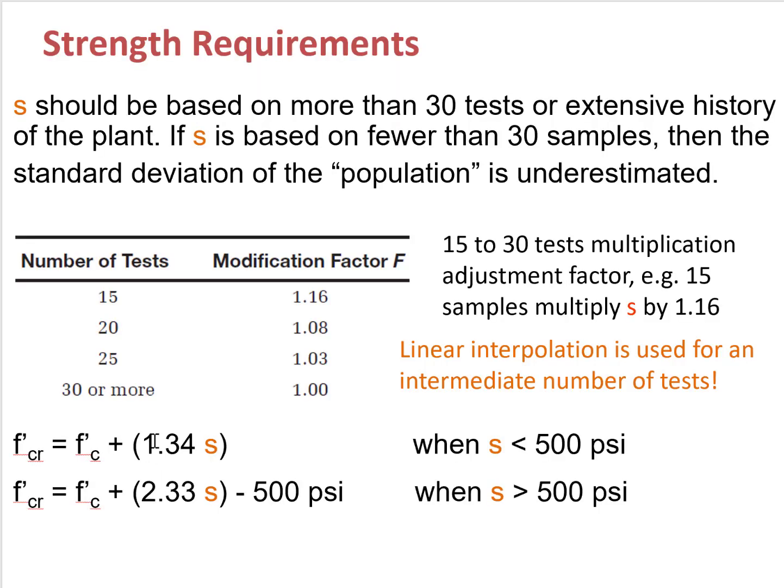Okay, problem C. We have a plant with extensive history of producing concrete with S equal to 2.4 MPa. So 2.4 MPa is approximately 350 psi. So 350 psi is less than 500 psi. So we need to use this formula.